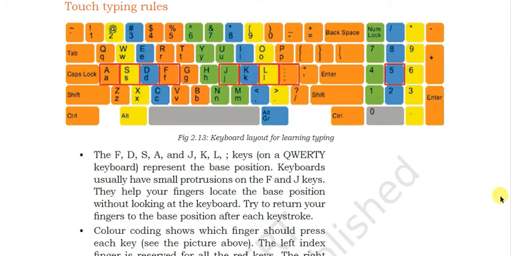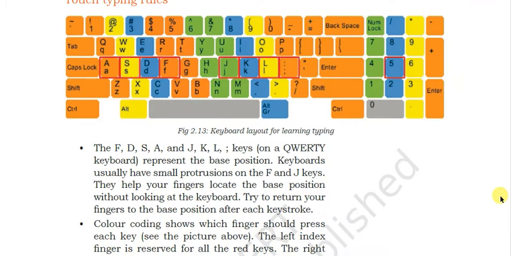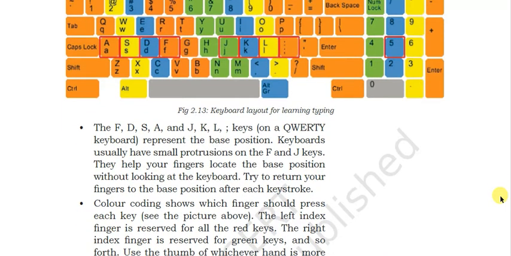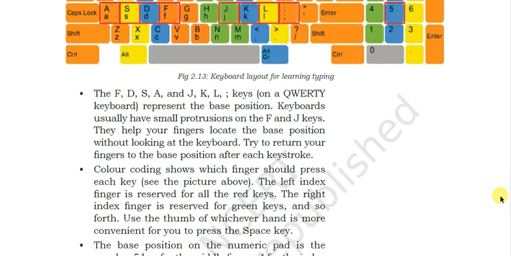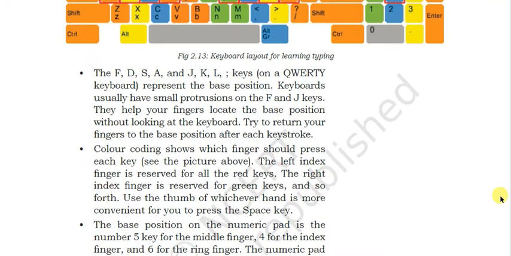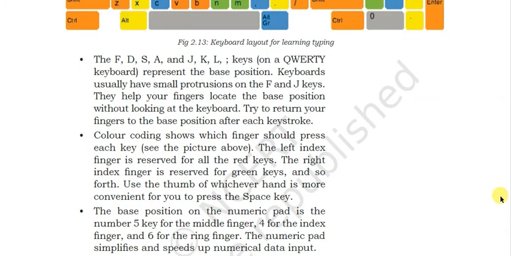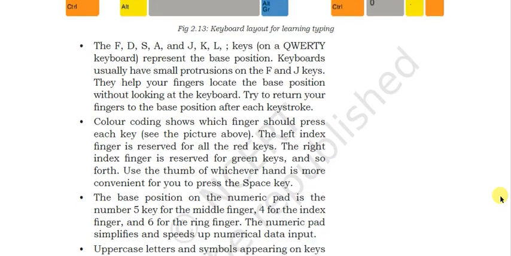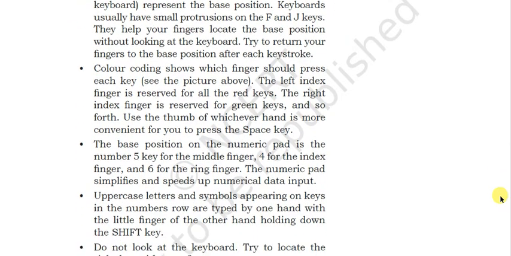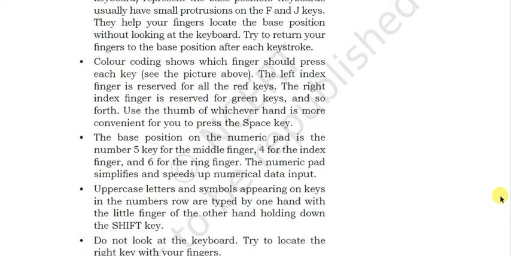The left index finger is reserved for all the red keys. The right index finger is reserved for green keys, and so forth. Use the thumb of whichever hand is more convenient to you for pressing the space key. The base position on the numeric pad is the number 5 key for the middle finger, 4 for the index finger, 6 for the ring finger.